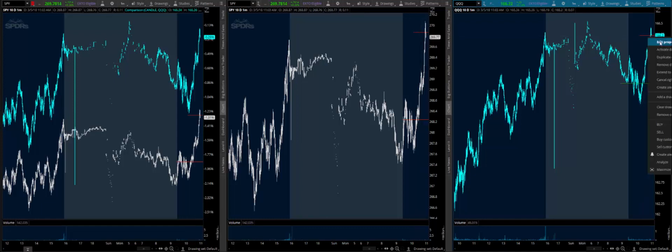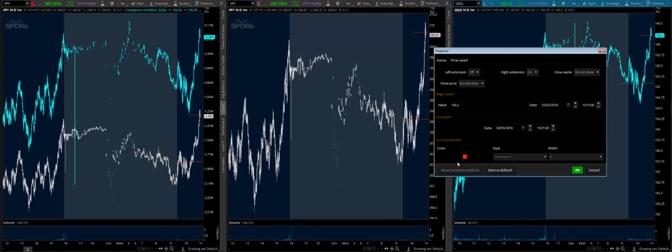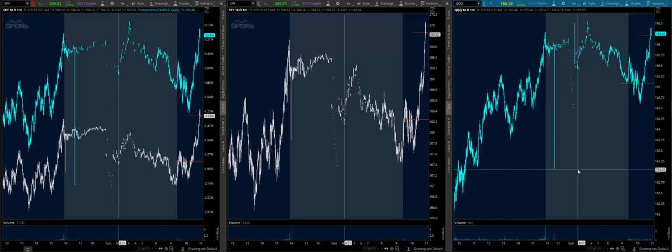I'm just going to edit these properties right here. Okay, so now we are averaged in on this position. And again, this is the difference between correlation trading and straight up directional trading.